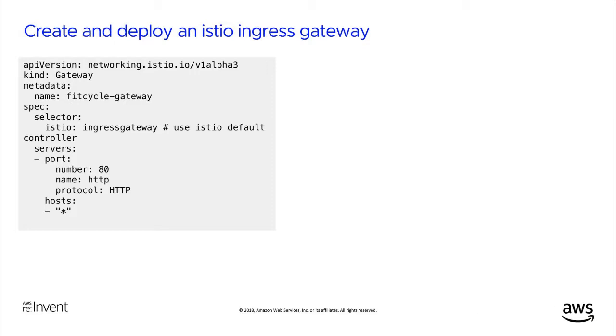And here I've just created something called a fit cycle gateway. Fit cycle is the name of my application. The gateway is actually the entry point, and then that gateway needs a set of rules that it's going to use to divert the traffic based on the URLs and or other things to get to the services that are underneath that are exposed. This is where it gets really tricky with Istio.